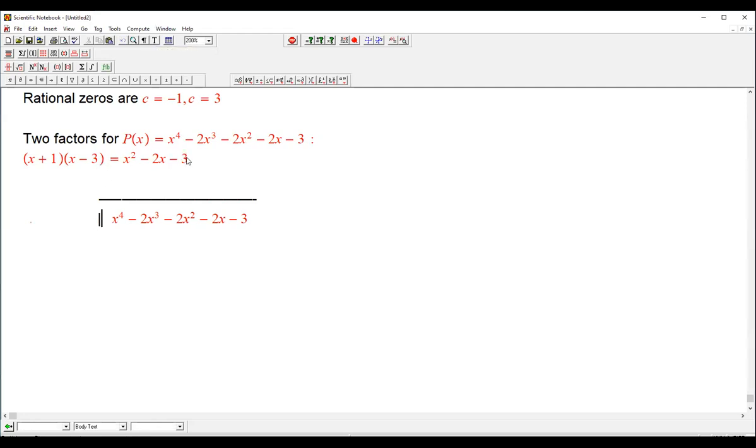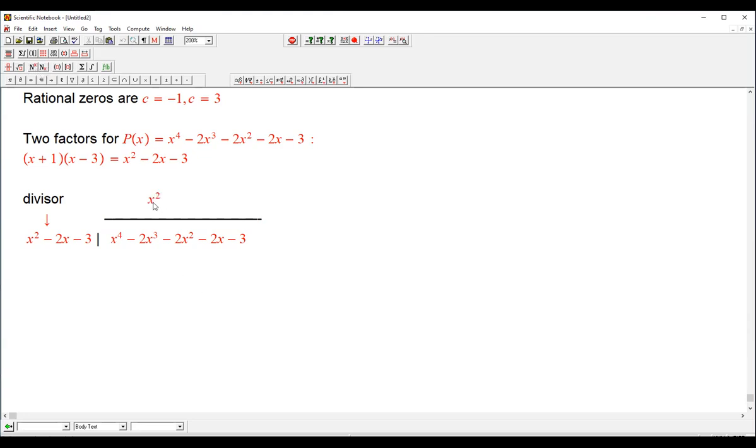My divisor is going to be x squared minus 2x minus 3. The divisor is right here. And my quotient is going to be on the top. So now the first term I'm going to choose is x squared.